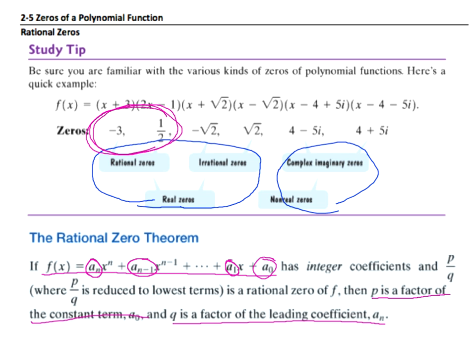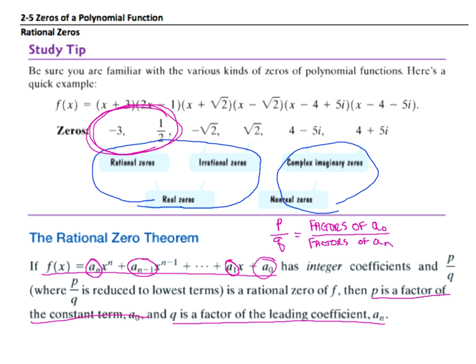So what it's saying is I can figure out all the possible rational zeros. These aren't all going to be zeros, but this is a starting place for you. All the possible rational zeros are equal to the factors, positive and negative, of a sub 0, or the constant term, divided by the factors of a sub n.